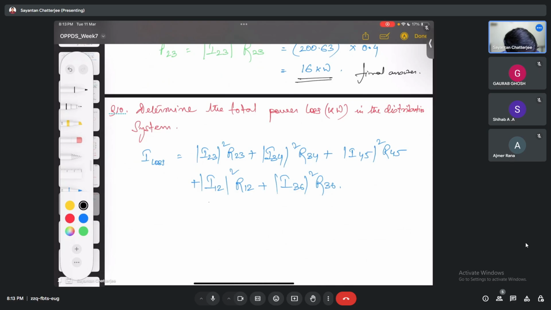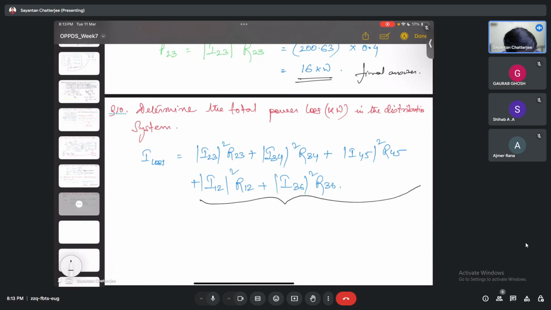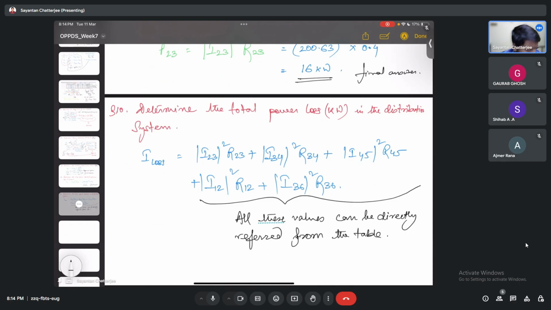So I am not writing all these values here. All these values can be directly referred from the table. Is it fine?